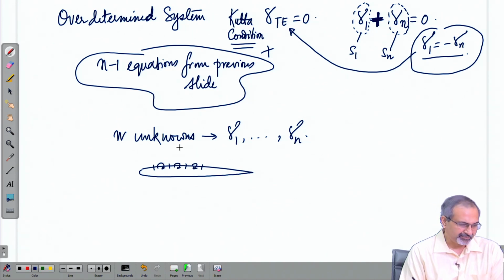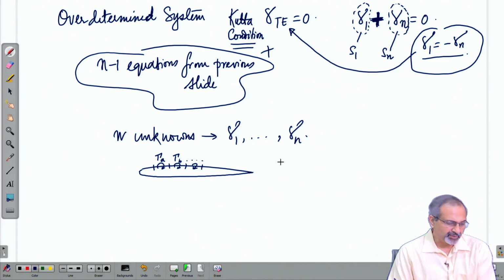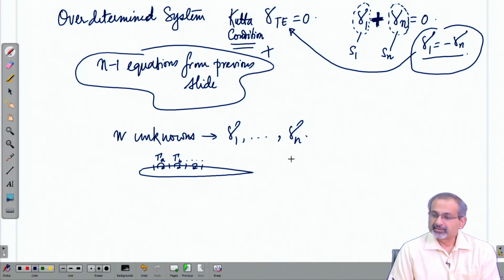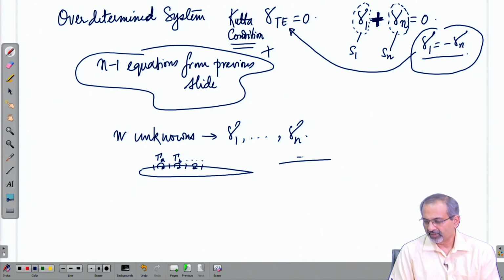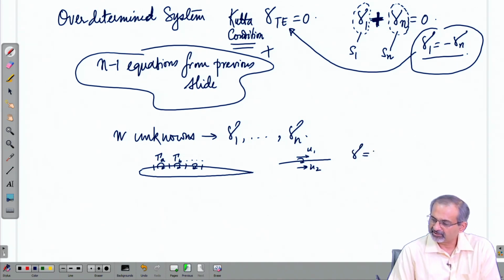So, let us say if this is gamma A, this is gamma B, you have a whole lot of them around the body. And if you remember, when we were discussing a vortex sheet, if there was a tangential velocity u1 above and u2 below, then the local strength of the vortex sheet would determine the jump in the tangential component of the velocity.